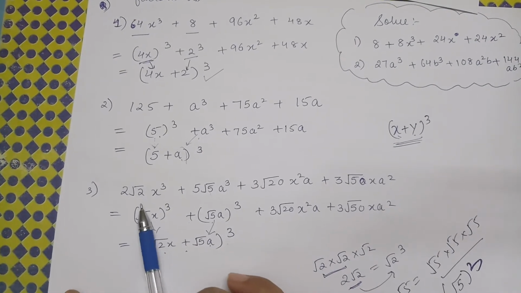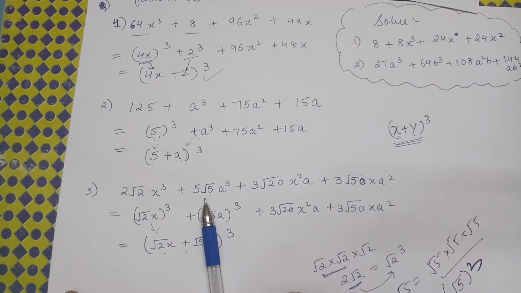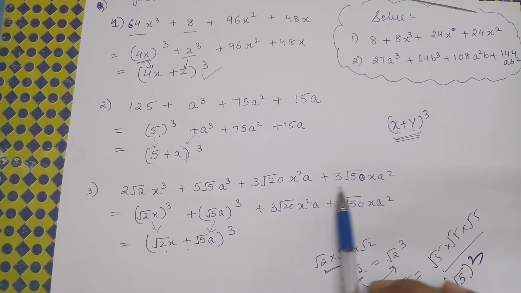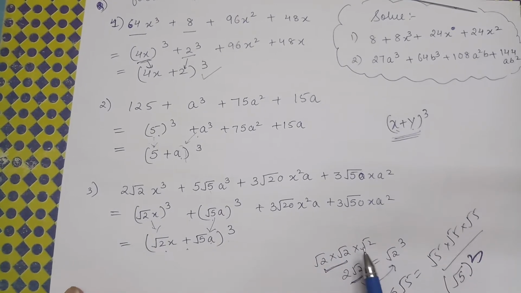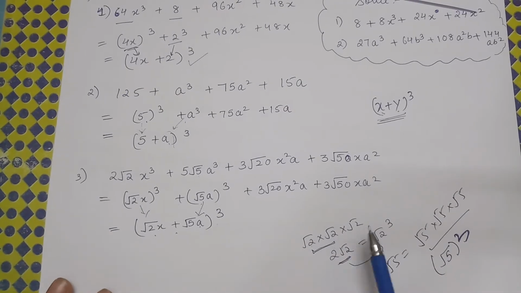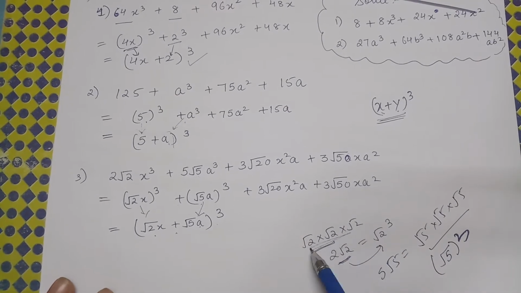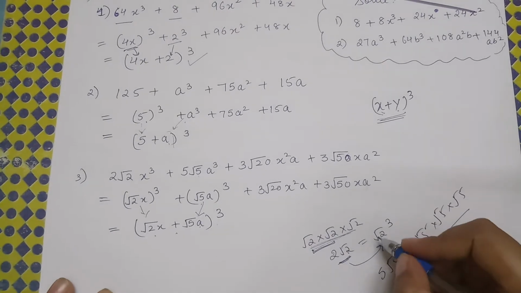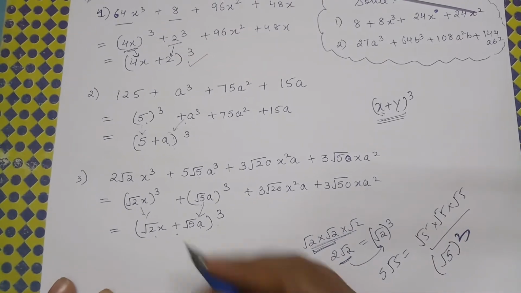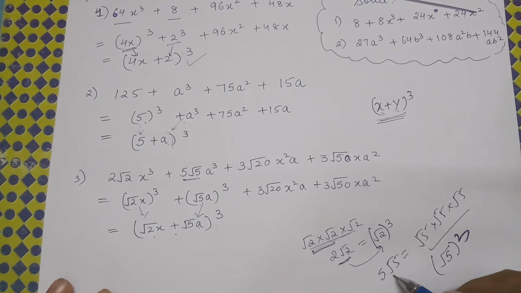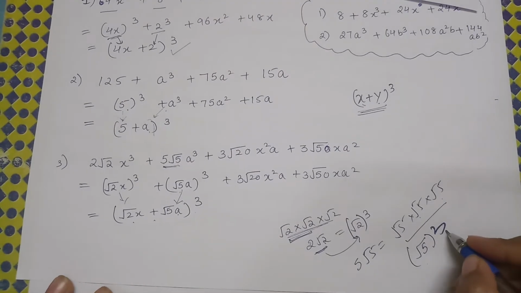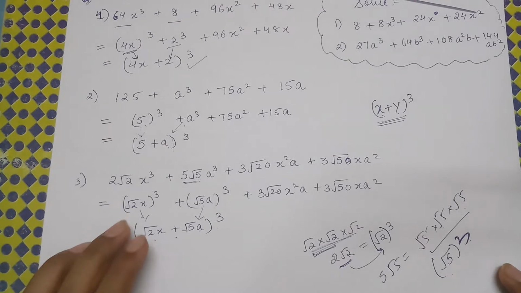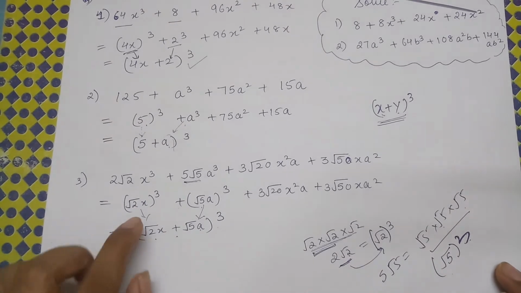Next, 2√2 x cube plus 5√5 a cube plus these two terms. Focus on cube terms. 2√2 is √2 into √2 into √2, which means (√2) whole cube. Similarly 5√5 is √5 into √5 into √5, which means (√5) whole cube.